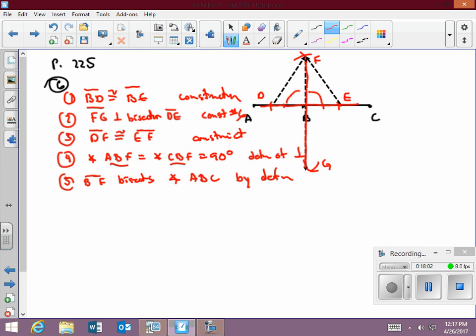Although it's 90 degrees to DE, we want 90 degrees to the line AC, not ED, according to what it's telling us in the problem.